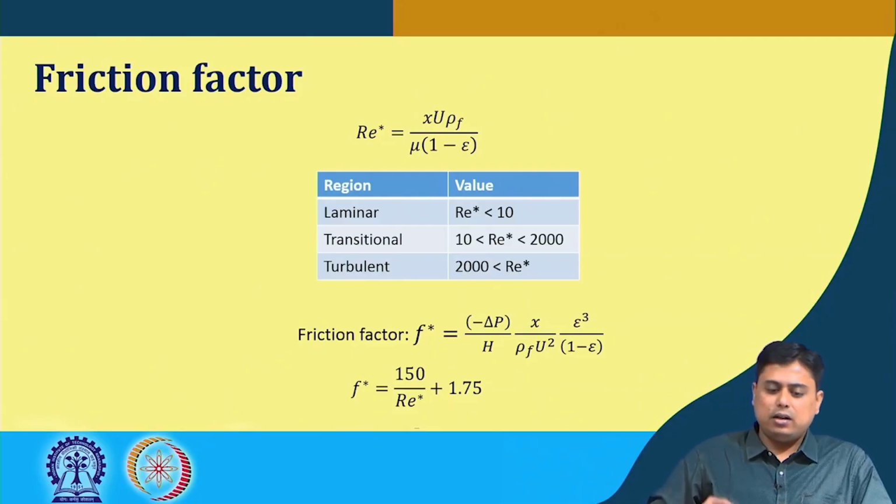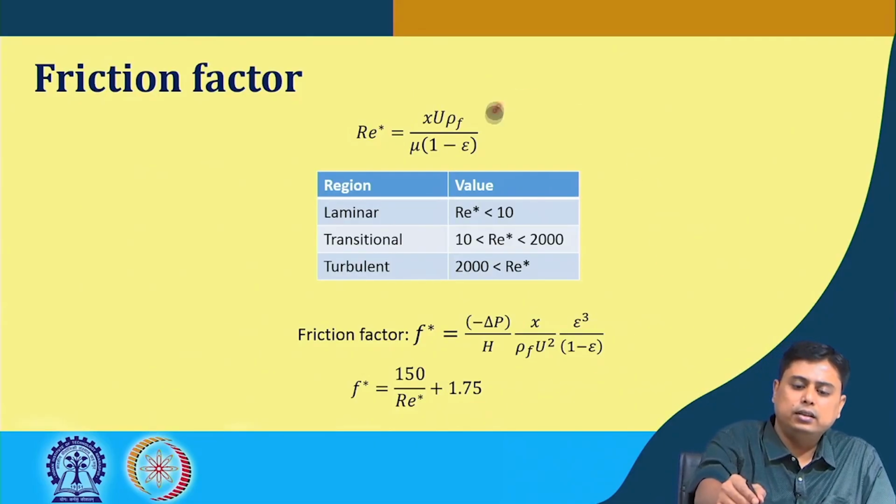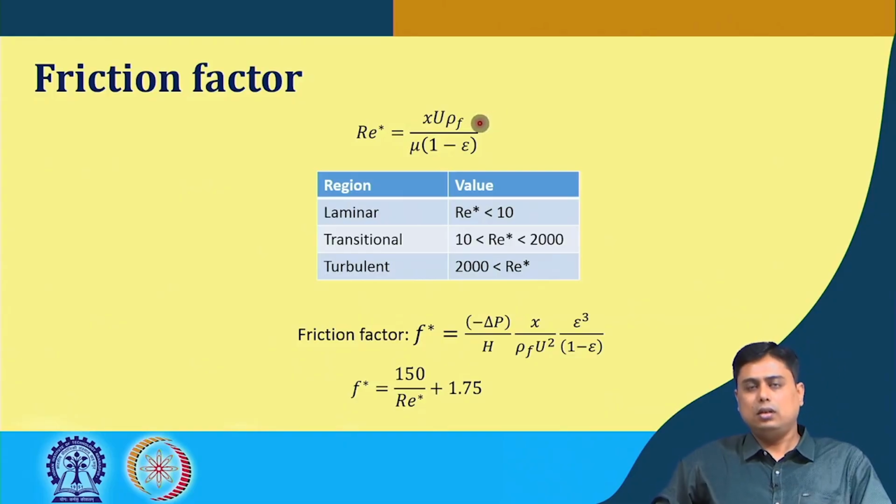Now, that particle Reynolds number is defined in this way: the diameter, superficial velocity, fluid density, divided by the fluid viscosity multiplied by 1 minus voidage.